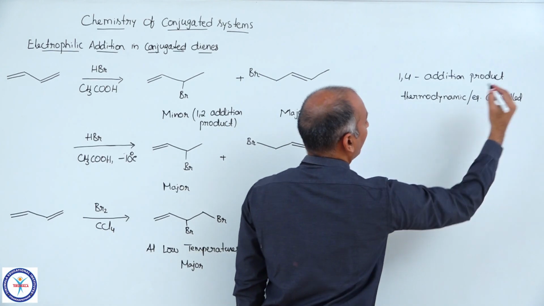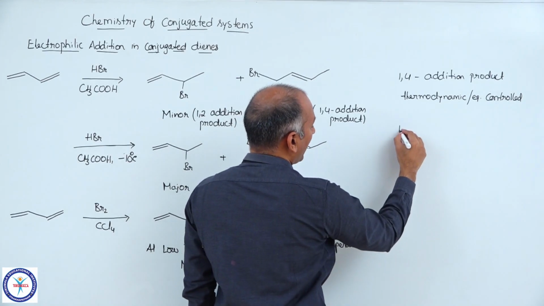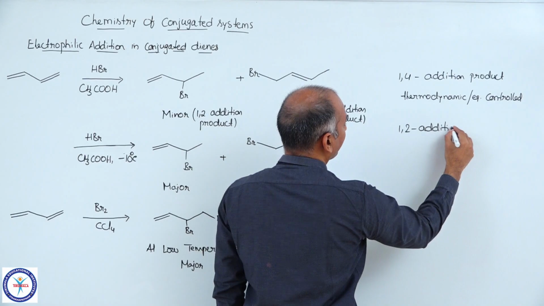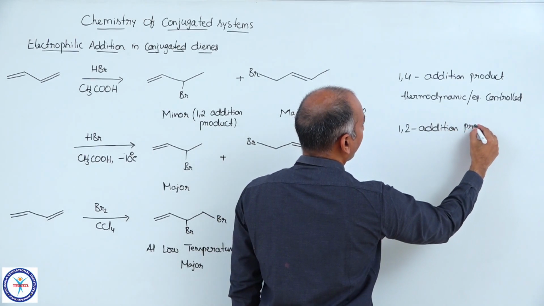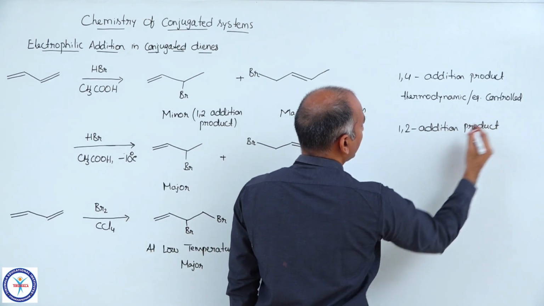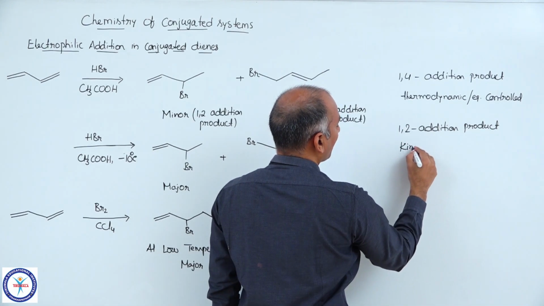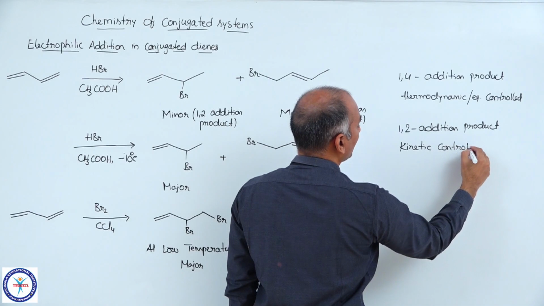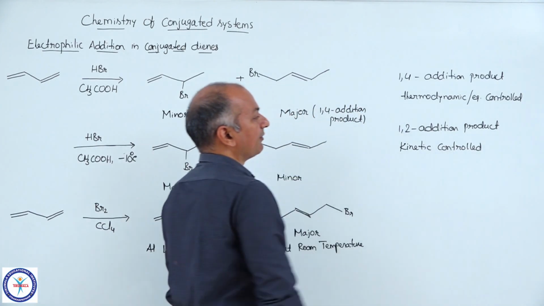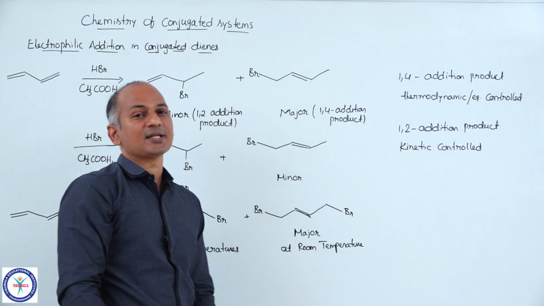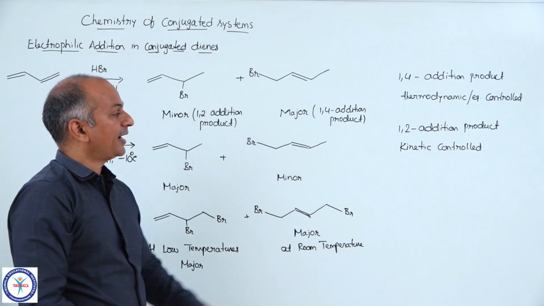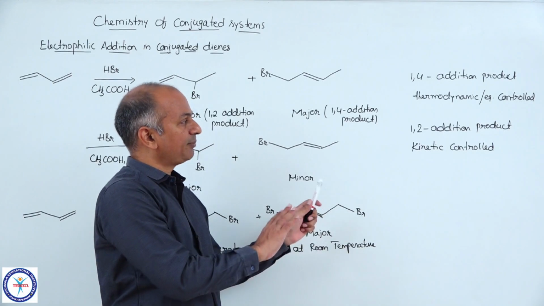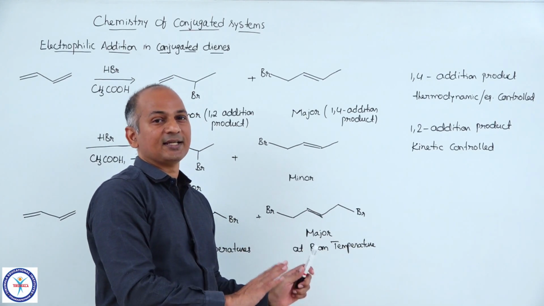I will explain why it is called so. And the 1,2 addition product is called the kinetic controlled product. So at high temperature you get the equilibrium controlled product, also called thermodynamic control, and at low temperature we get kinetic control. Let me come to the reason; let us discuss it in detail.